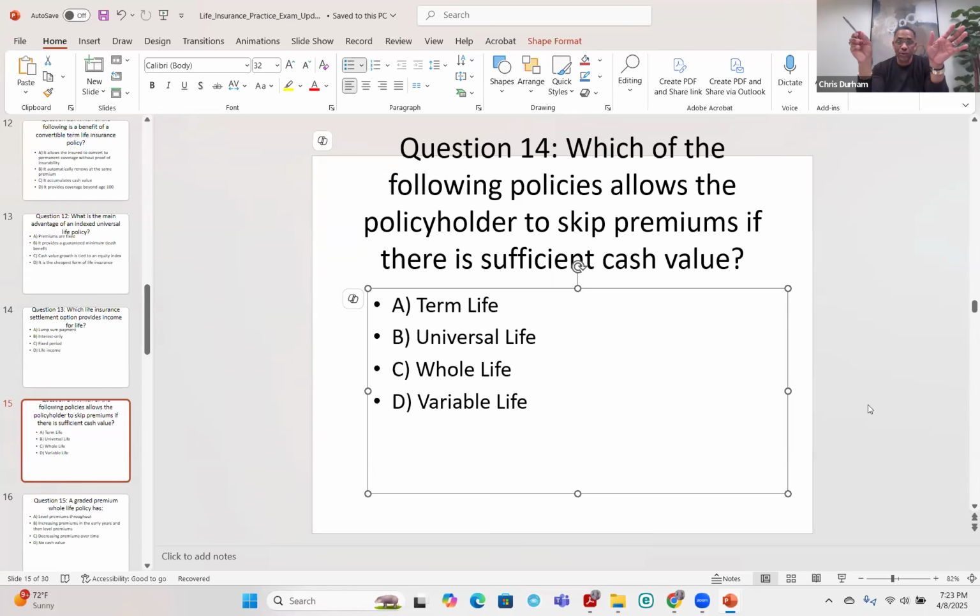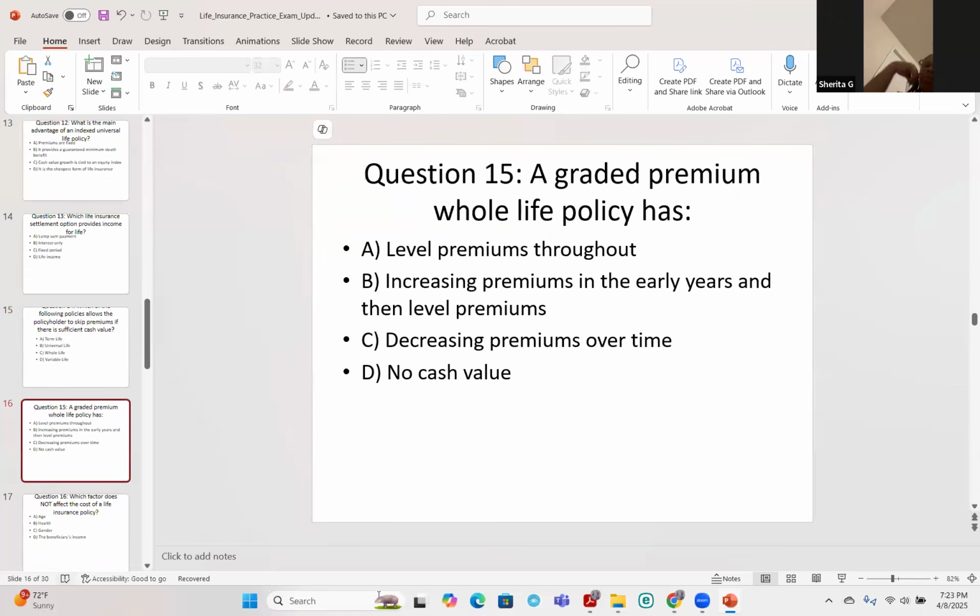When you see the word variable, you've got to think stock market, mutual funds, not guaranteed, and you have to have a securities license to sell it. That's what should always jump out at you when you see the word variable.